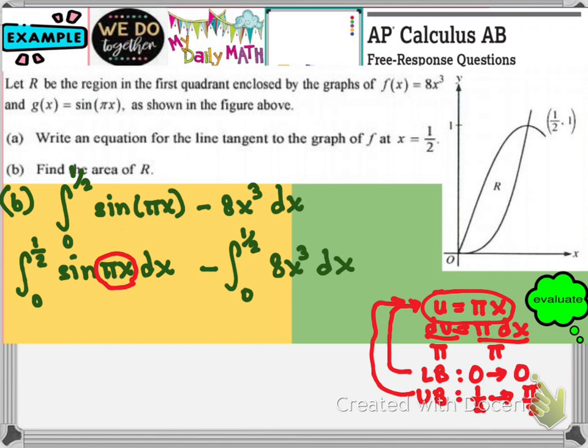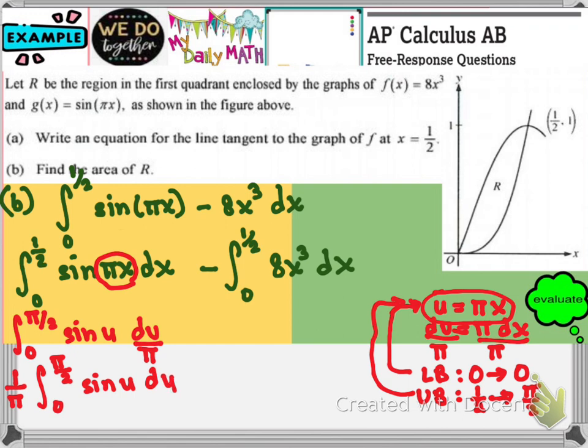I'm going to rewrite just the first integral into 0 to pi over 2. Sine of the angle now turns into a u, and then the dx is equivalent to du over pi. Be careful because pi is a constant, a coefficient. You can actually factor that out, so it's not in my way, and then you can just go ahead and integrate this part.